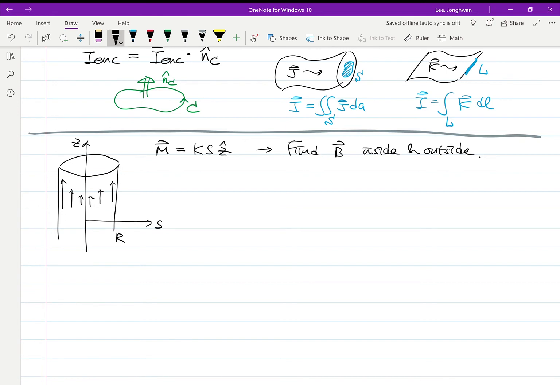Our strategy is that first, from the given M, we want to find the bound currents K_b and J_b, and then we will find the B field using Ampere's law. So let's do the first step.